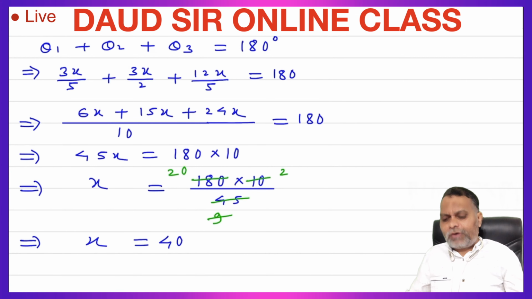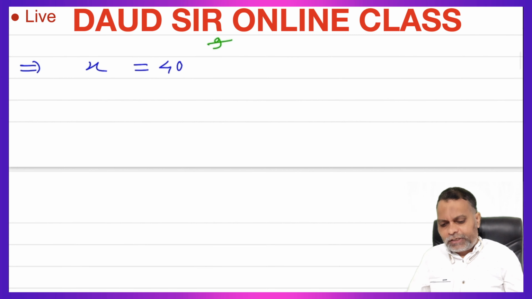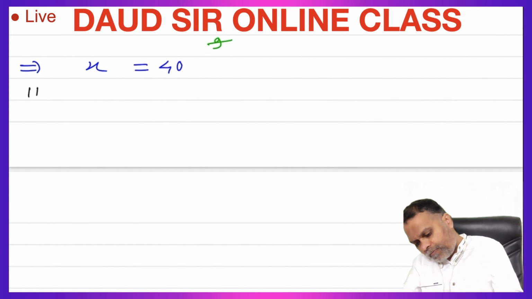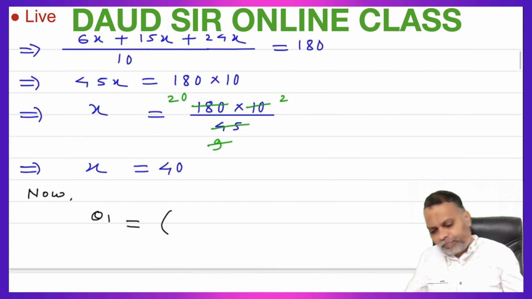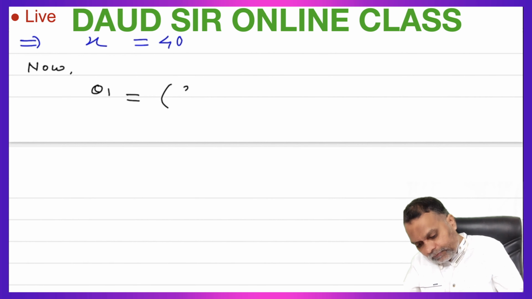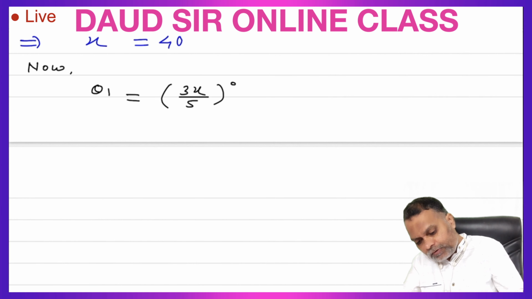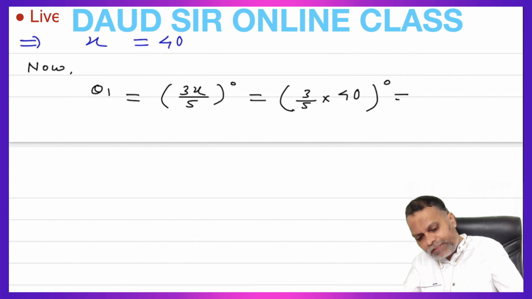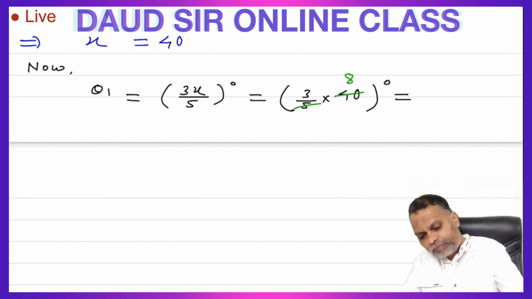Now substitute this value of x in theta 1, theta 2, theta 3. Now theta 1 is equal to 3x upon 5 degrees. So this is 3 upon 5 into x is 40, this much degrees. Simplify this. 5 8s are 40, 8 3s are 24.